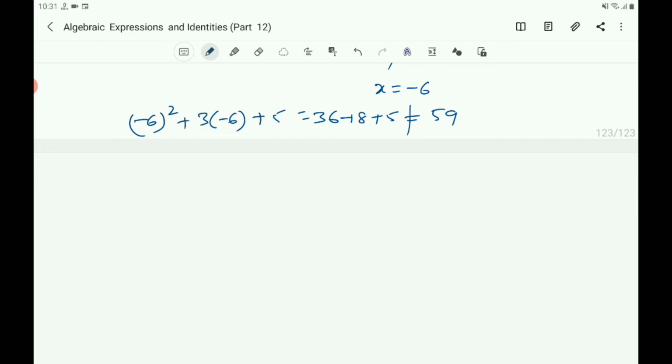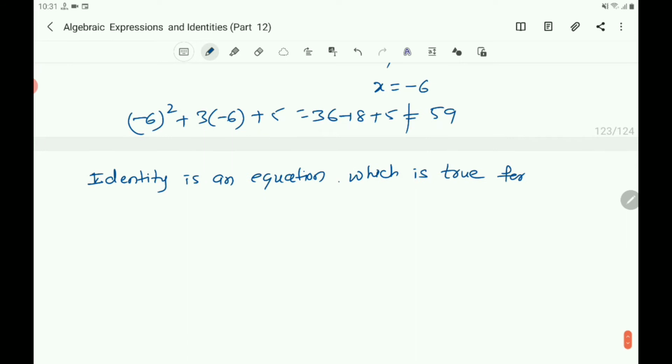Write: an identity is an equation which is true for every value of the variable in it.